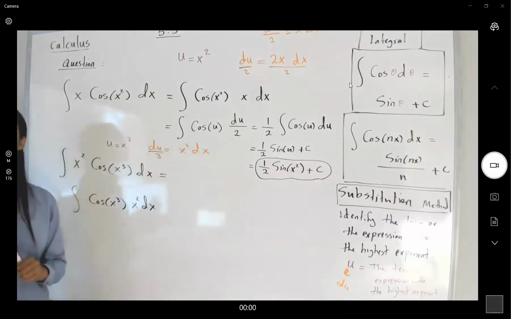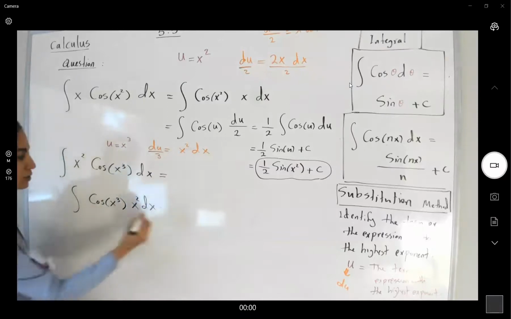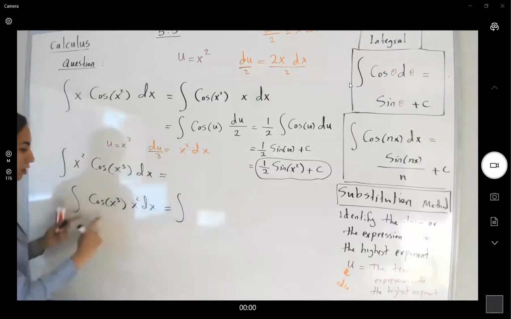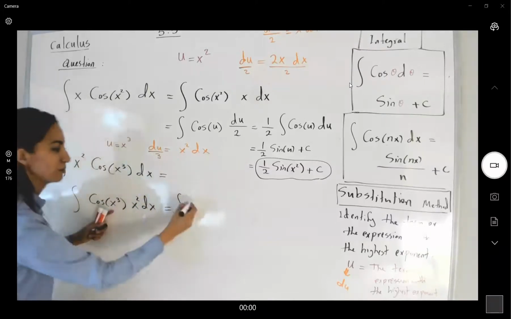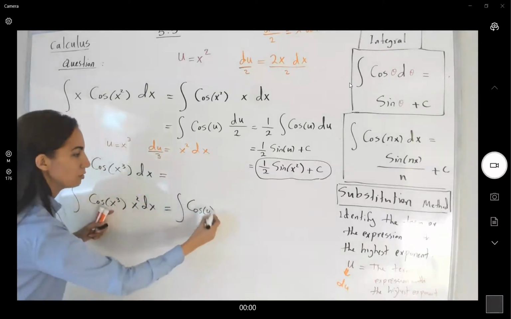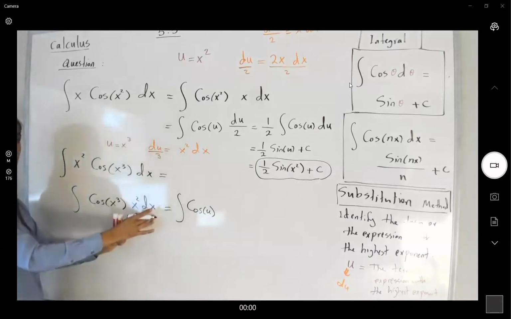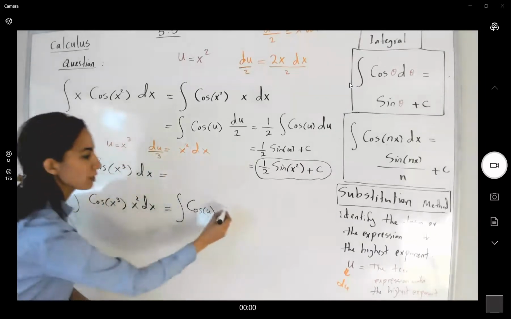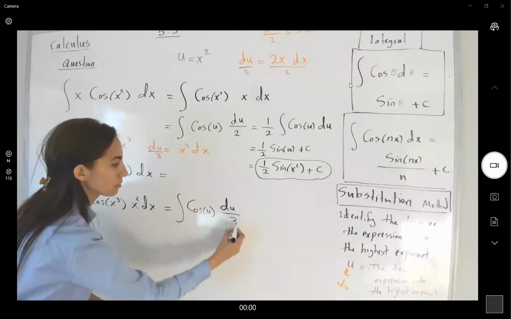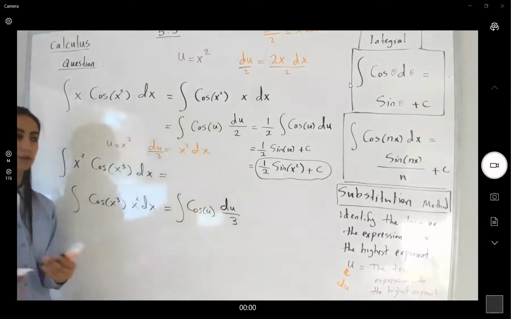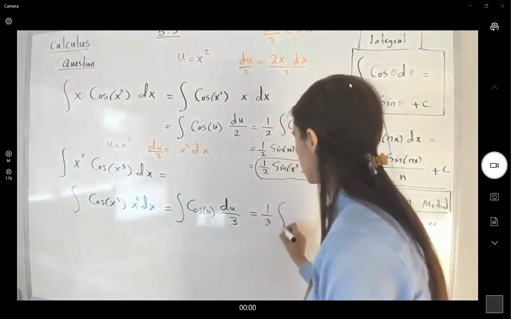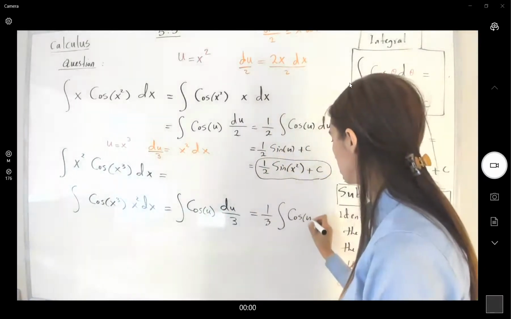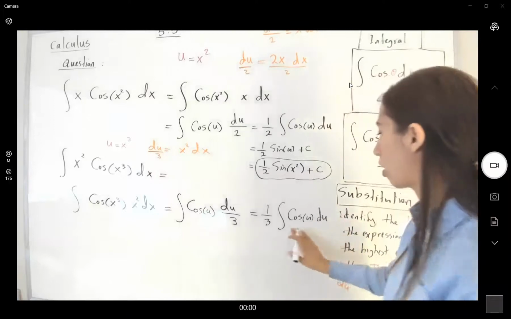So let's substitute everything. This is equal to the integral of cosine of x cubed, which is now u, cosine of u. And what is this? x squared dx is du divided by 3. So I have a third times the integral of cosine u du, which I already know.